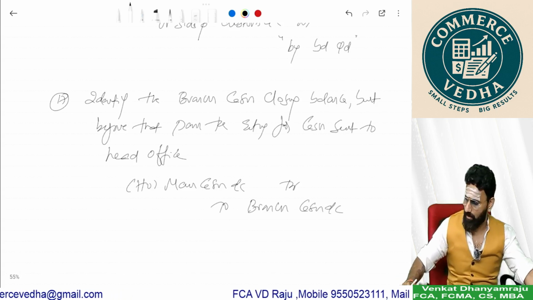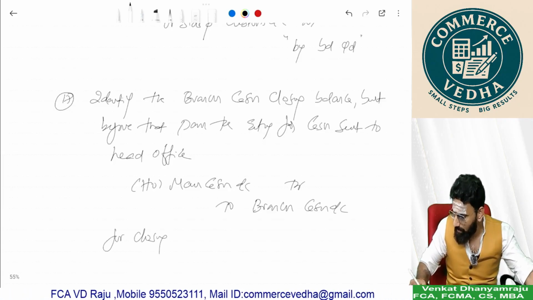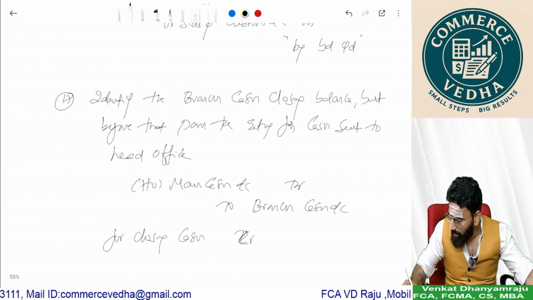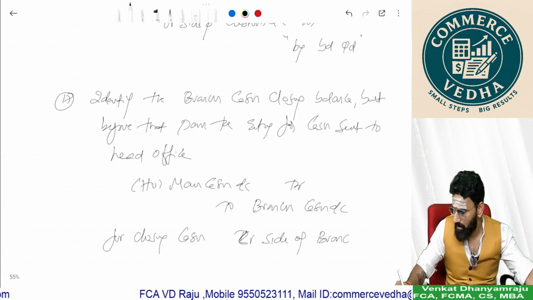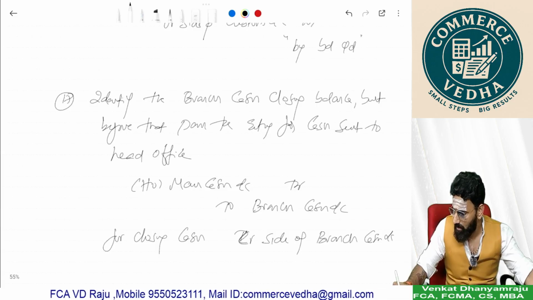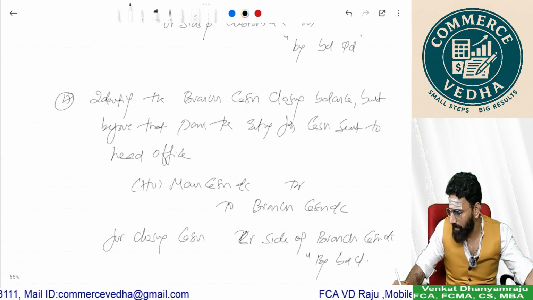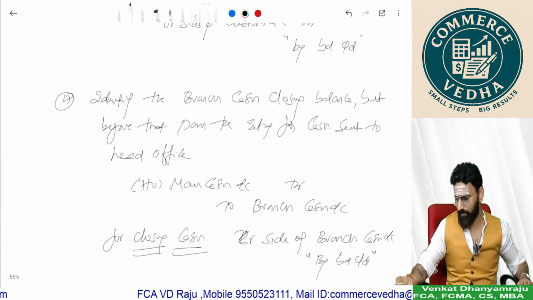Branch cash account. And then for closing cash, you should write credit side of branch cash by balance carried down. This is the closing cash balance.